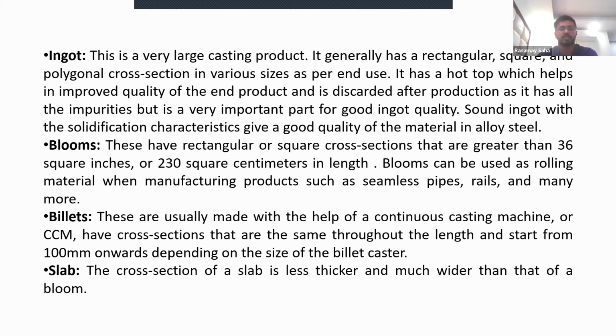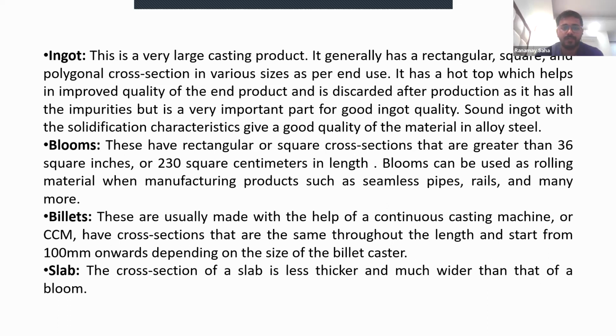A slab generally has a cross section in which the width is at least twice its thickness. I mean to say the cross section is less thick and much wider than that of a bloom. And what is a bloom then? It generally has a square or rectangular cross section, greater than 36 square inches or 230 square centimeters.